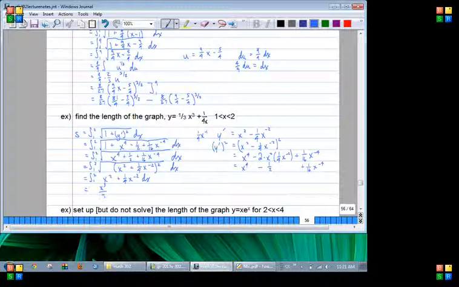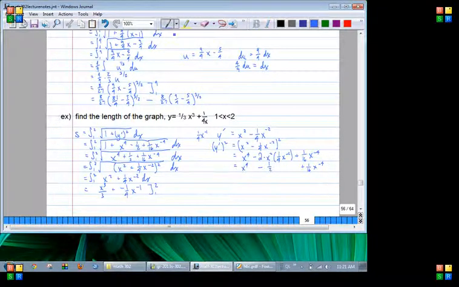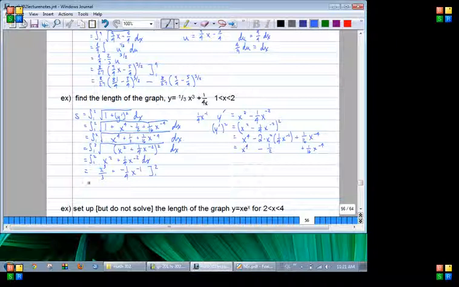x cubed over 3 plus, it's going to be negative x to the negative 1 from 1 to 2. So plug in 2, you get 2 cubed over 3 minus 1 quarter. 2 to the negative 1 is just 1 over 2.